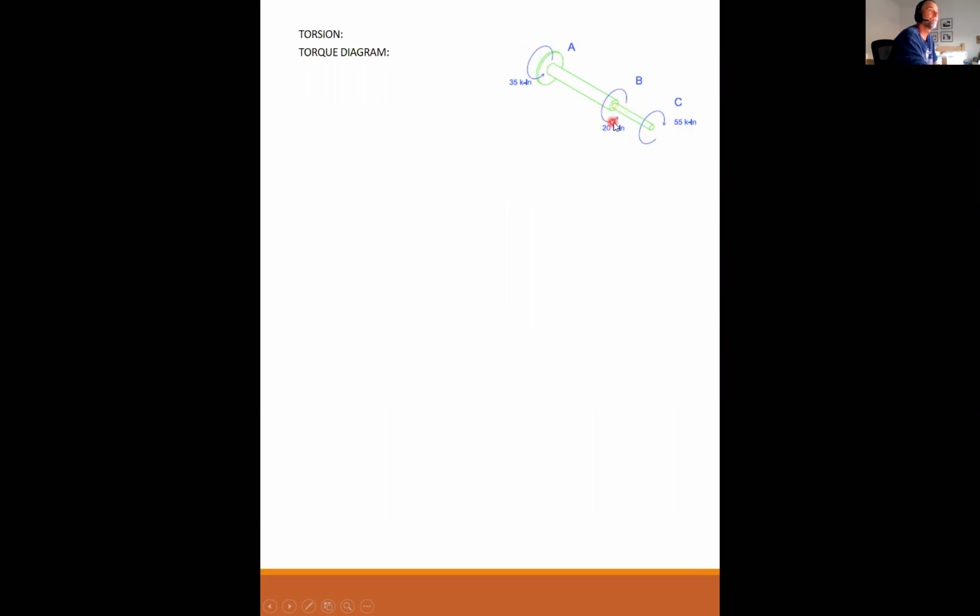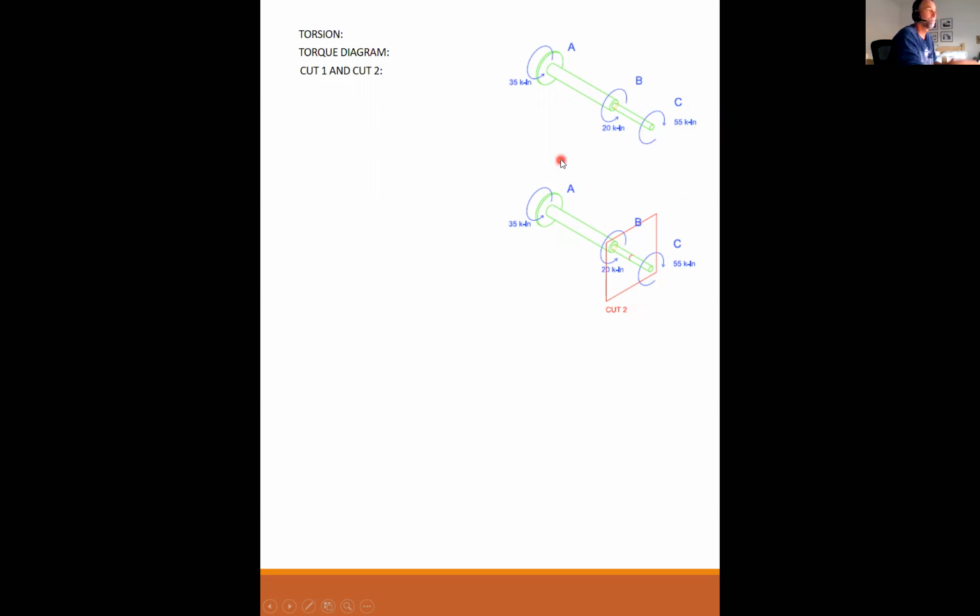I have my positive 20 and my negative 55 here. Cut number 1 is going to be between A and B, like so. And cut number 2 is going to be between B and C, like so. These two cuts will allow me to solve for the internal torques between A and B and B and C.